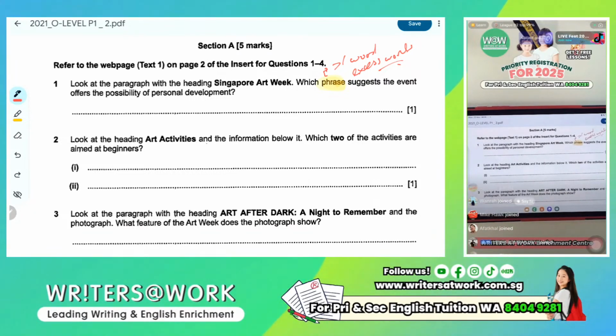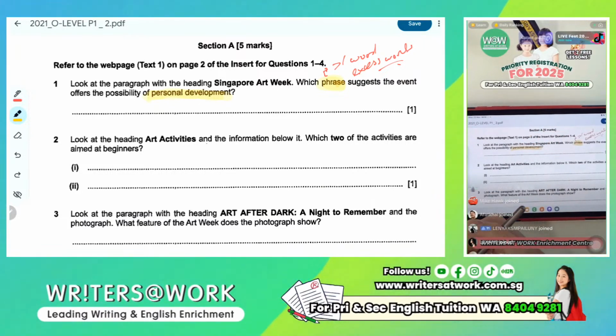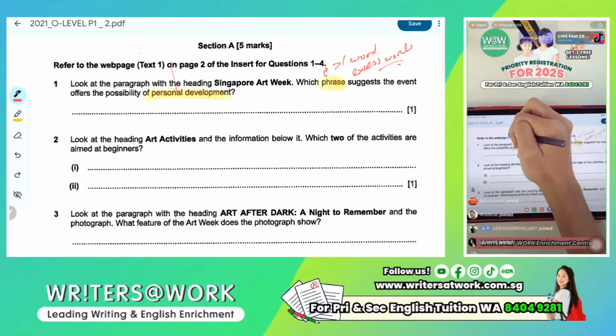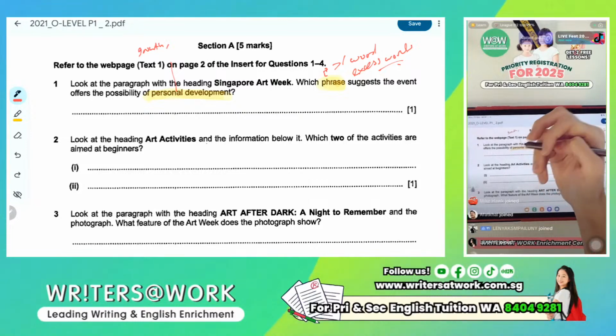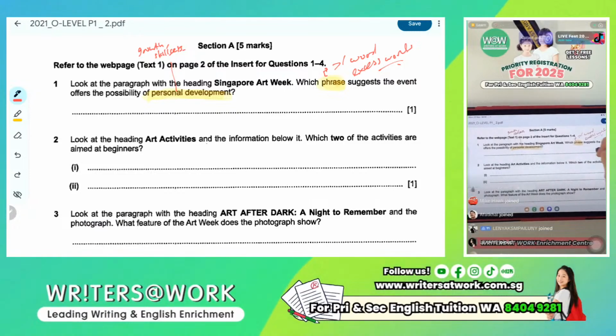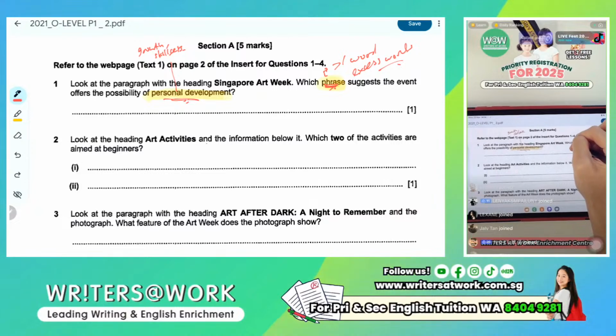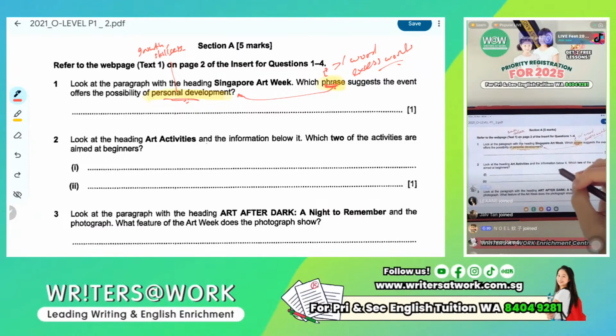So when we look at phrases and the later part of the question, which tells you it's regarding personal development, there are certain words that should come to your mind, for example, growth, or some kind of skill sets, so that your phrase answers directly what the question is asking for, and you will not give extra information.